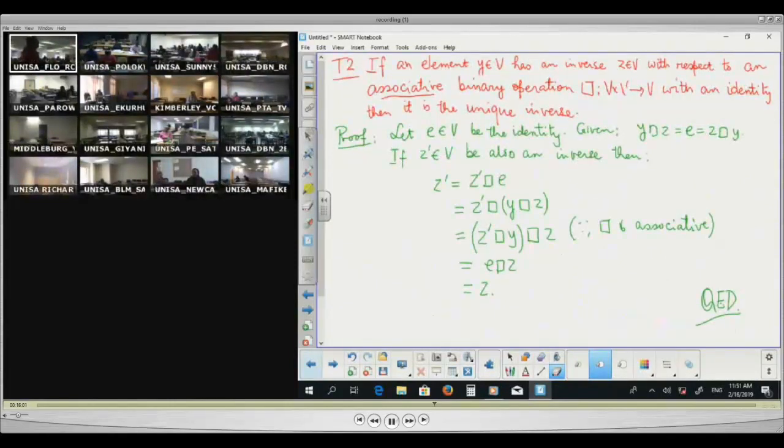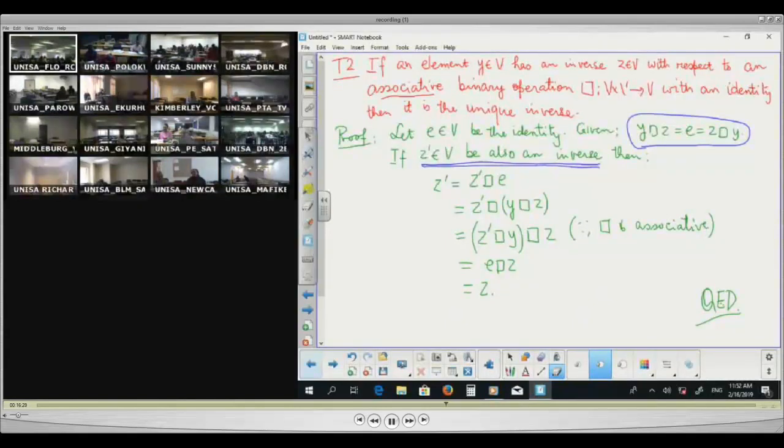So I have given you that Z is an inverse, so you have this line. Now this line therefore tells you, what does this mean?